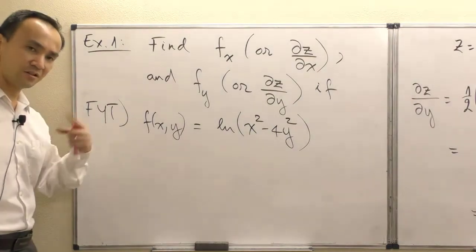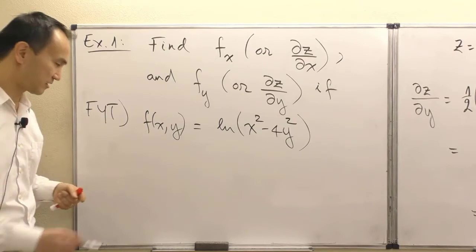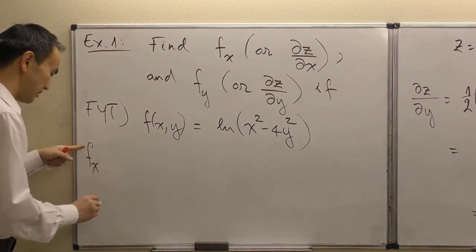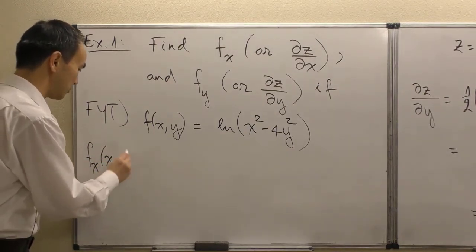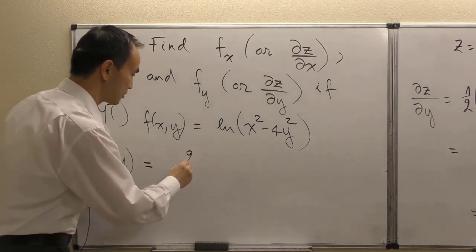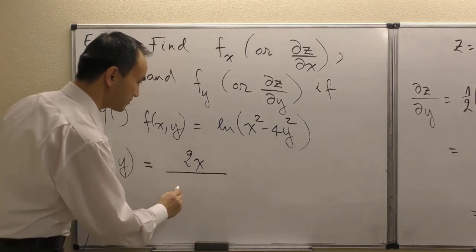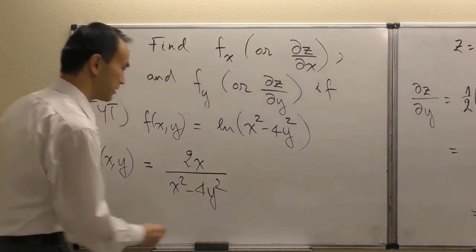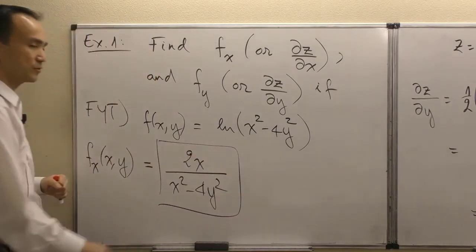All right, so now hopefully you have spent enough time working on the problem. The final answer comes out as follows. The partial derivative of f in respect to x, as a function of two variables, is going to be 2x over x squared minus 4y squared. That's the answer for that.